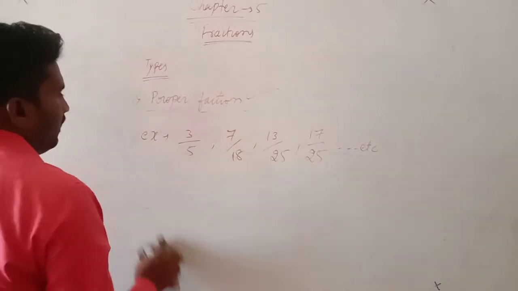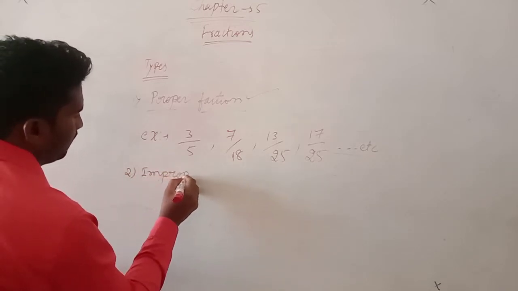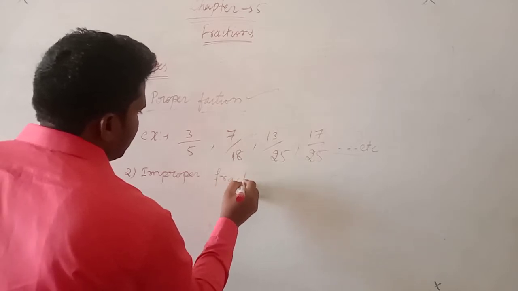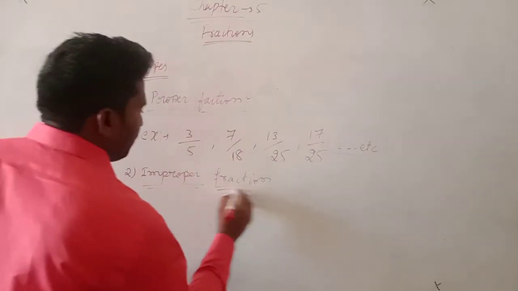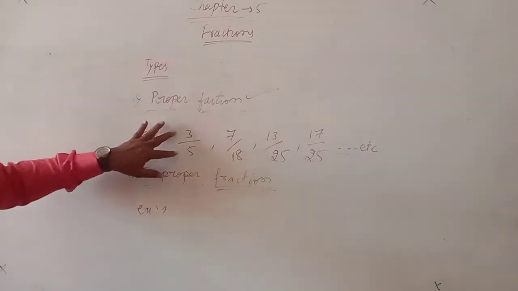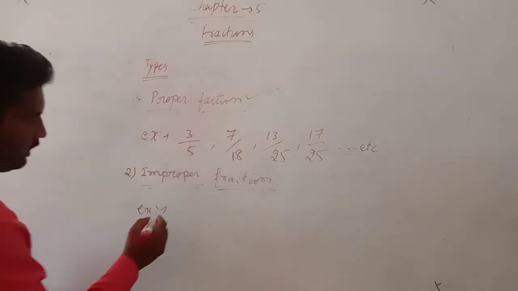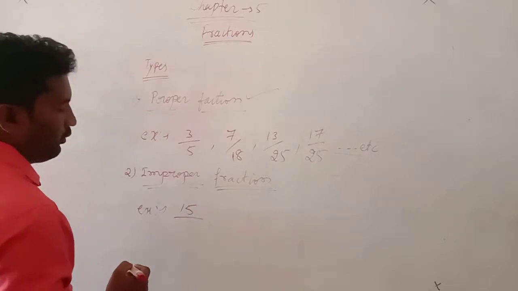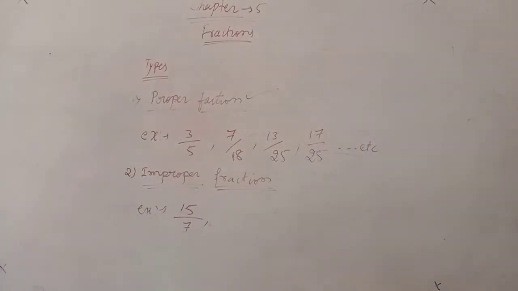The second one is improper fraction. I am telling only examples. It is the opposite of the proper fraction. In a proper fraction the numerators are smaller and the denominators are greater, but here the numerators are greater and the denominators are smaller.